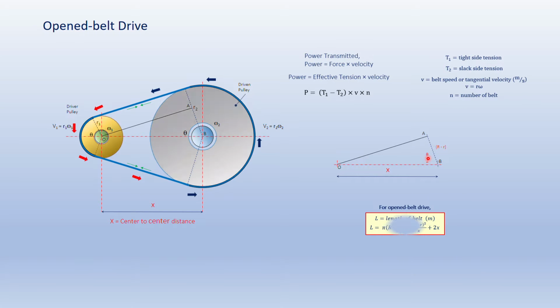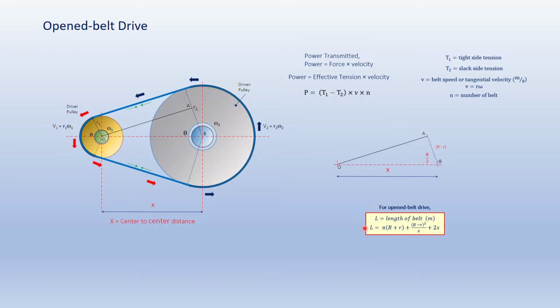For an open belt drive, this is the formula that you have to remember in order to find the length of the belt. This is called an open belt drive. Later on, you will know the difference between an open belt drive and a cross belt drive.